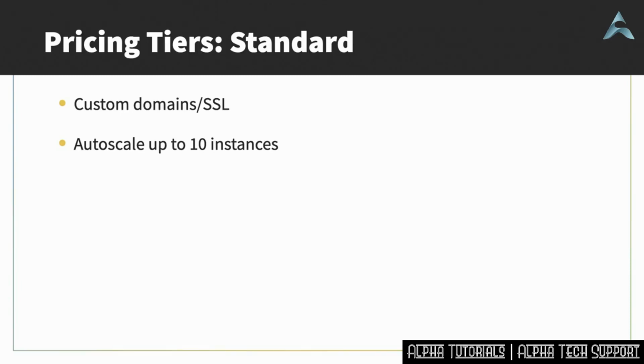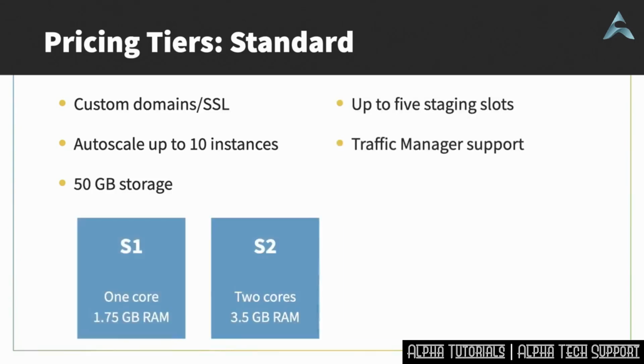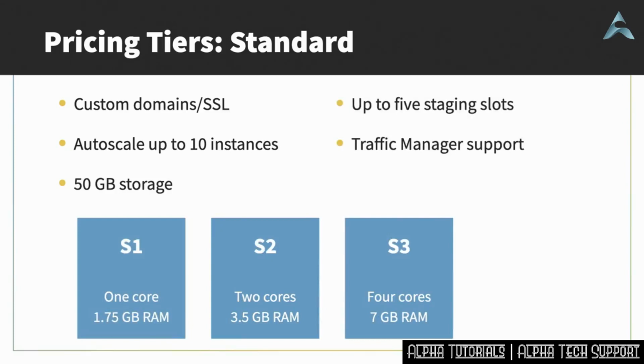We're going to demo this later on, but we can configure a rule to scale out, so to get more instances, and also to scale in, so to get fewer instances in our app service. We have 50 gigs of storage, up to 5 staging slots, traffic manager support, and the sizes S1, S2, and S3 are the same sizes as we had before in the basic tier.